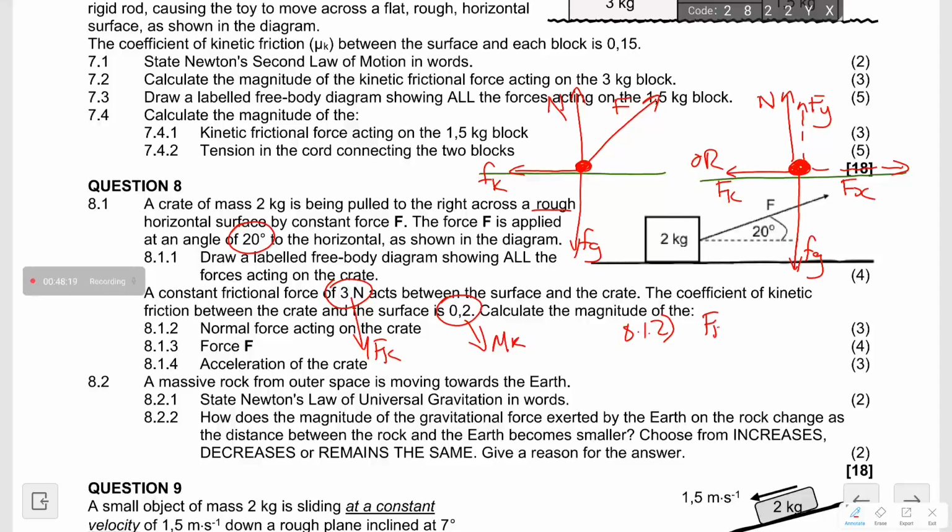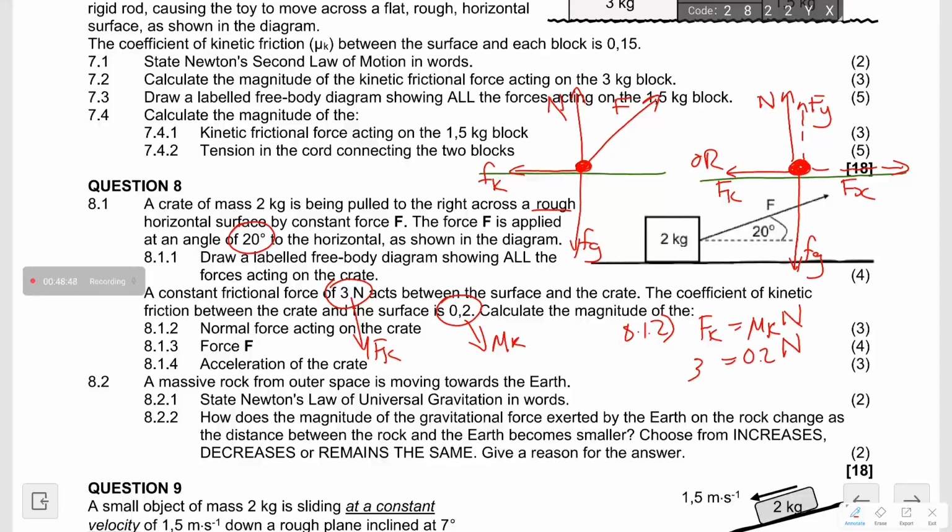So it makes the response for 8.1.2 very easy and direct, because we have the necessary information to deal with that. So let's see if we can find the solution to the problem by doing the necessary substitution into the formula.